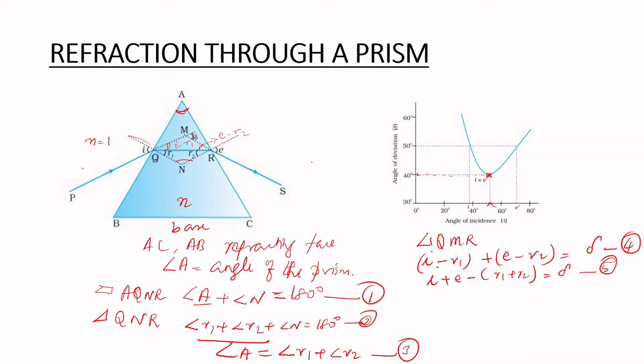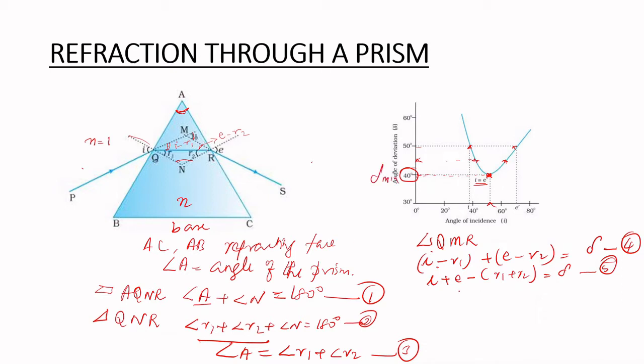So this is a unique point where I and E will be equal, because there is a single point only. Otherwise, for any other deviation, you get two I values in the graph. But at this value of 40, you can see that I is only one for the particular deviation delta. So this angle of 40 degrees is called the delta minimum.